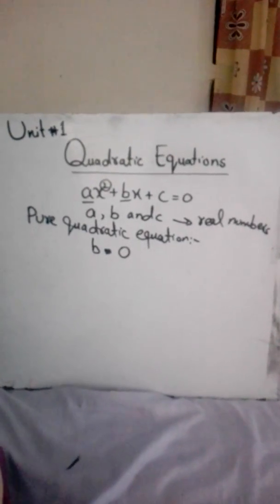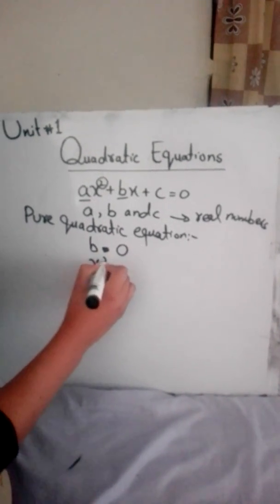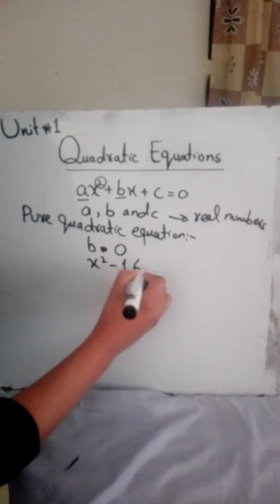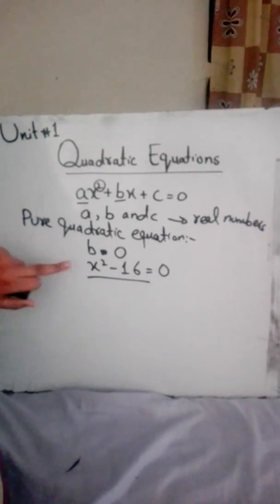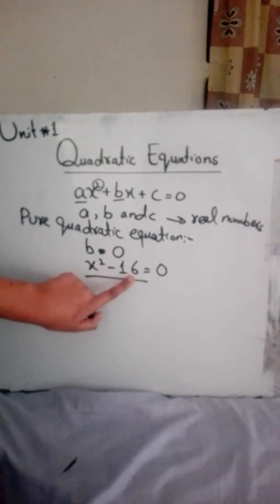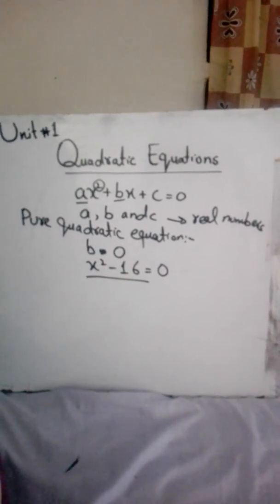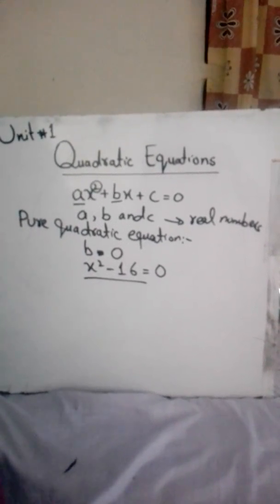For example, x squared minus 16 is equal to 0. This is pure quadratic equation because here a equals 1, c equals minus 16, but b is equal to 0.